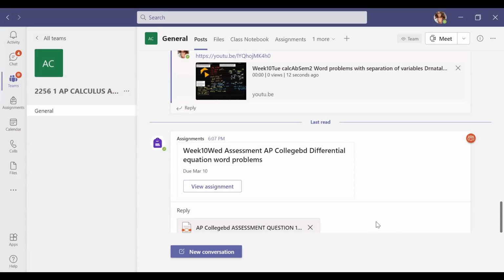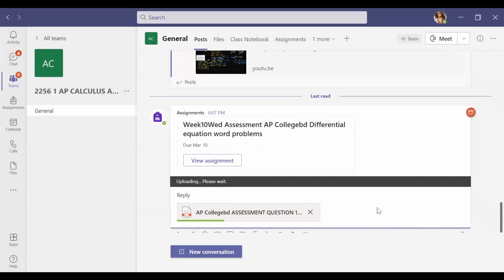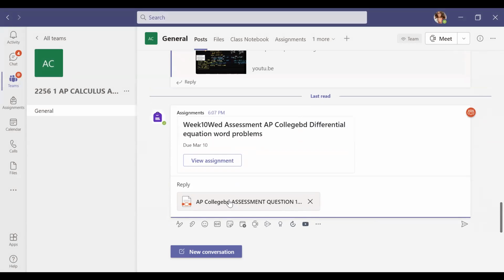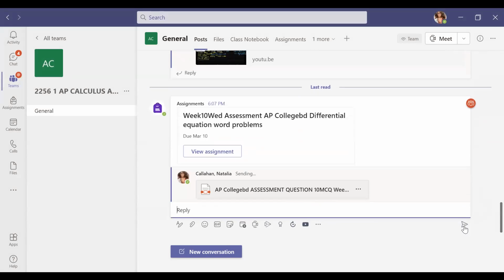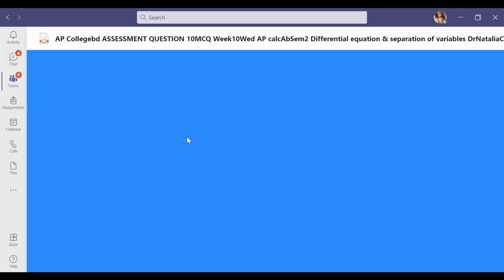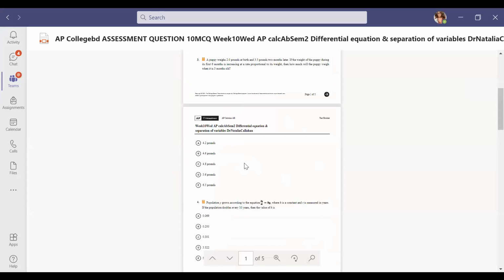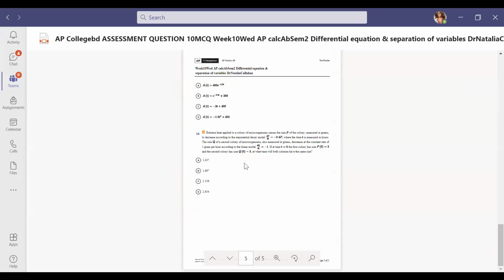Upload file. Send. I'm trying to open it, but it's not opening for some reason. I'm not sure if it's just my computer. Hopefully it's not just mine. Okay, here we go. And there you go. And you have access to the questions itself as well.